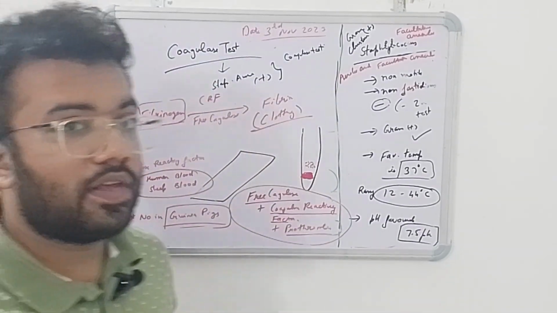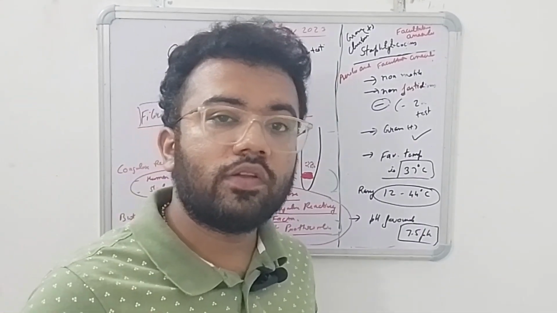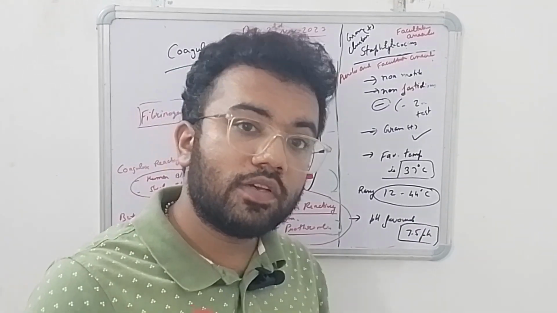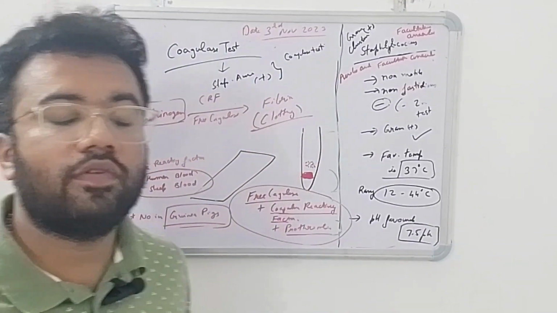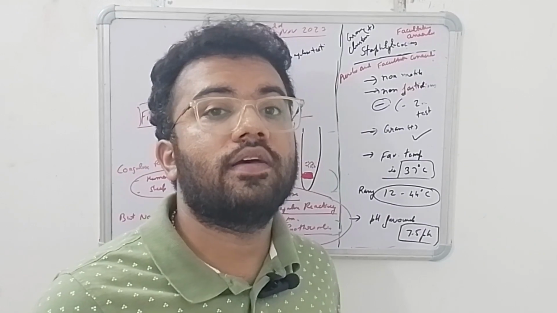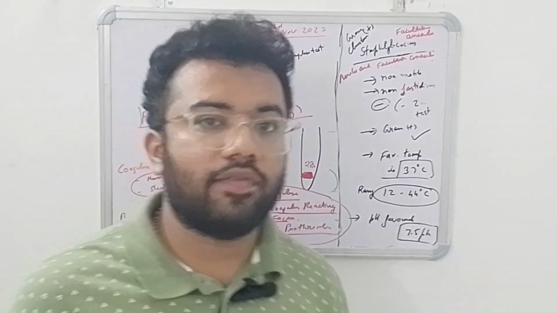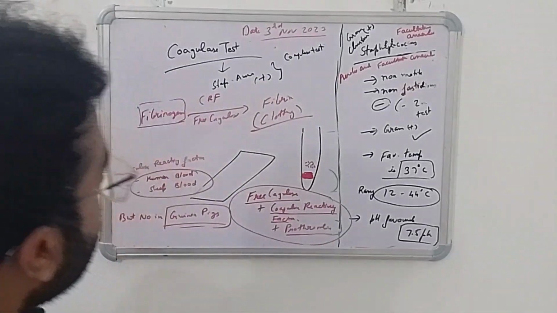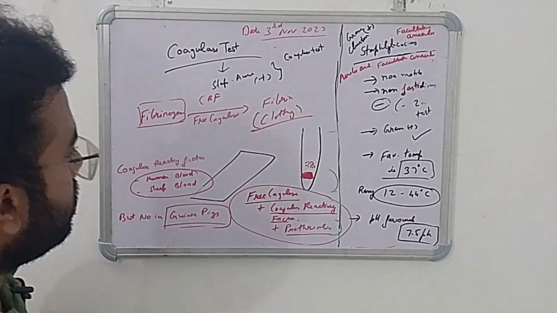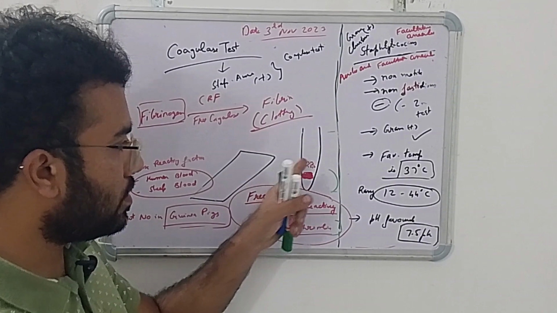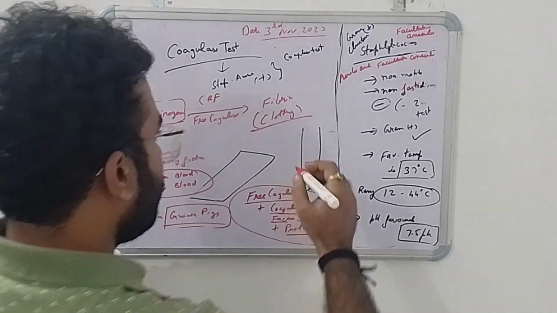If it is coagulase negative, we have to go with the novobiocin sensitivity test. If it is sensitive, then we go with S. epidermidis, and if it is resistant, then we go with S. saprophyticus. And this is the test tube method, in which it is free coagulase.